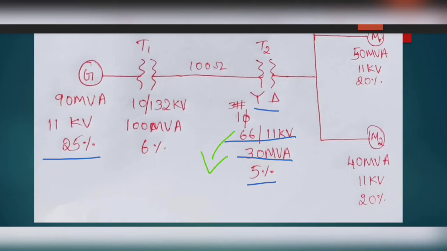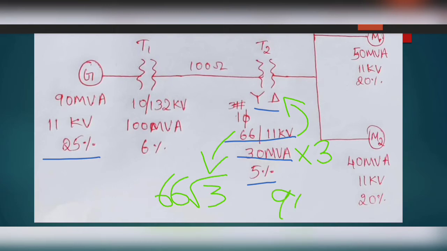So that becomes 66 root 3 on primary side of transformer T2, and the secondary side is delta connection, so keep it as it is. And the MVA value, that is 30, has to be multiplied by 3 because we have three single phase transformers. So that is 90 MVA.